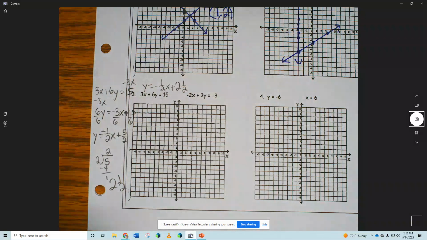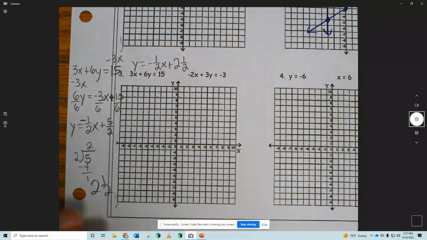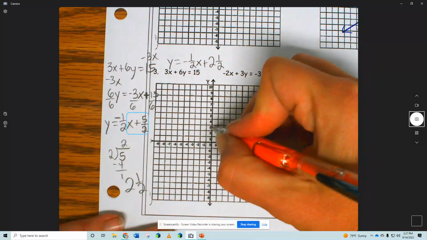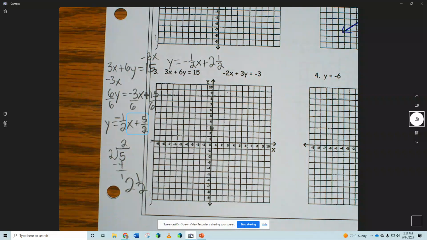I need a y-intercept that's an actual number. I can't graph 5/2. That's 2.5, let me zoom in like crazy. 2.5 is going to be right here, in between 2 and 3. And then the slope is rise negative 1, down 1, right 2.